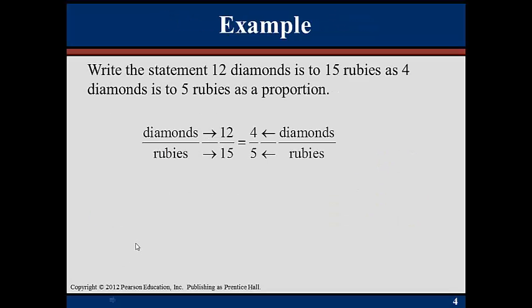It says, write the statement 12 diamonds is to 15 rubies as 4 diamonds is to 5 rubies as a proportion. Well, we see the 12 diamonds, so that goes up top. There's our 12. And then we see "is to," which means fraction bar, 15 rubies on the bottom.